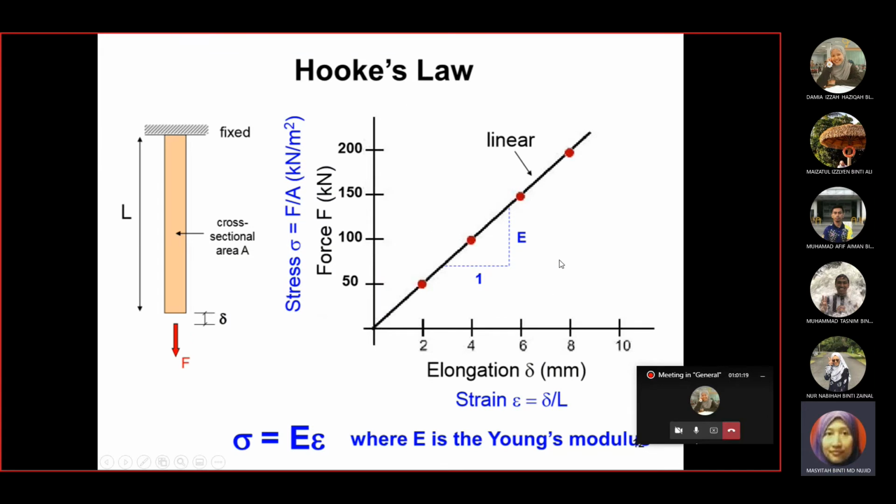Kalau kata in the past education during our secondary school, we have seen the Hooke's law relationship yang mana kita represent as y equal to mx plus c. Itu dalam sebutan biasa matematik lah.